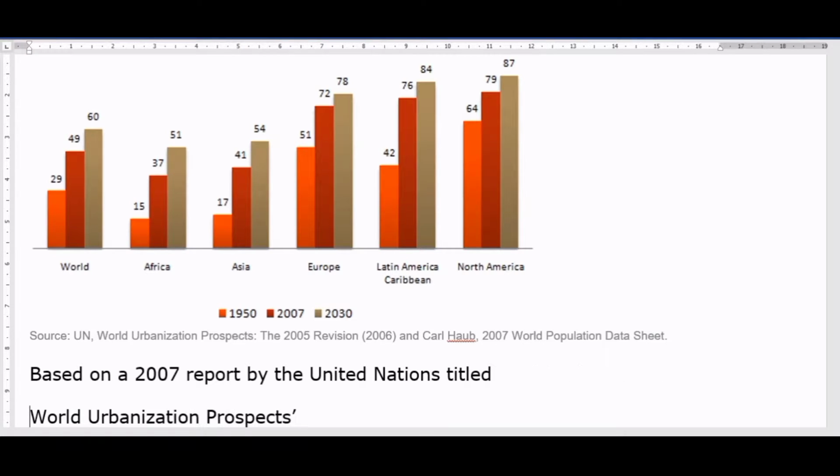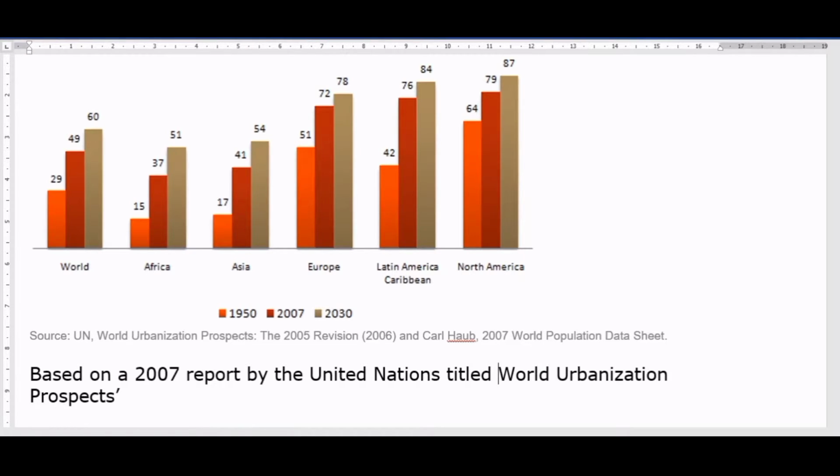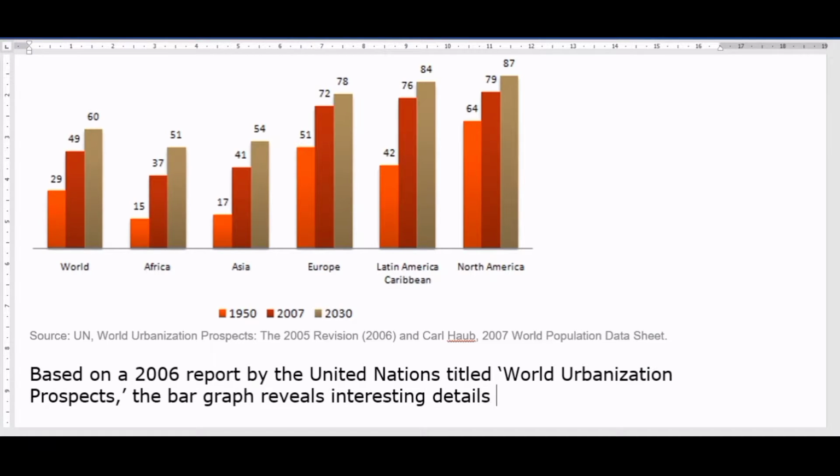Let's put that under quotes there. Alright, World Revision 2006. Alright, 2006 report. There. The bar graph reveals interesting details as regards to the findings of the said paper.